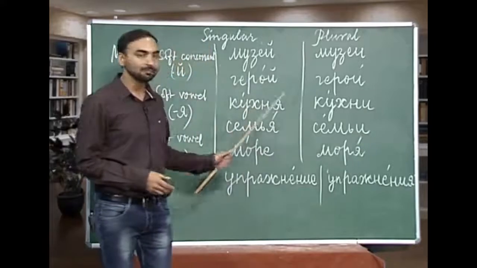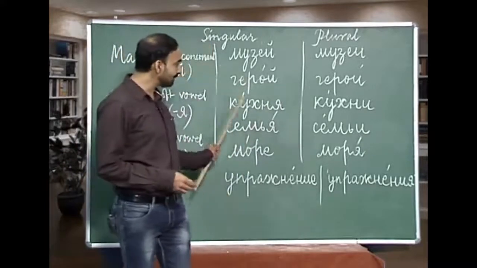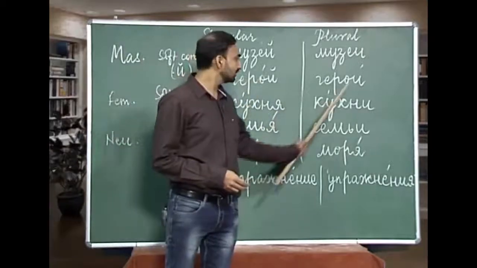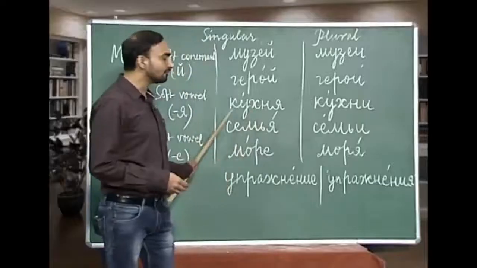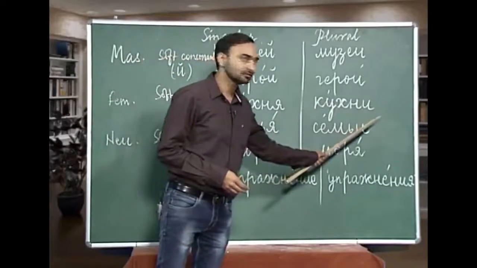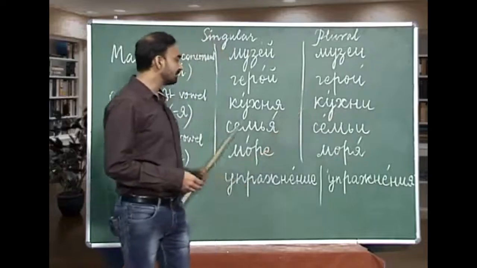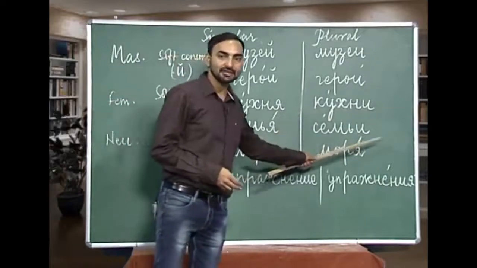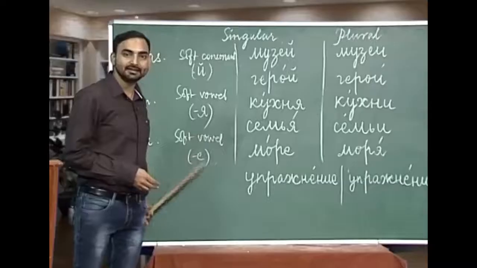How do we form plurals of the feminine gender nouns with ya ending? We replace ya with E, again a soft vowel E. So, plural of kuchnia will be kuchni, kitchens. Sem'ya, sem'i, families.